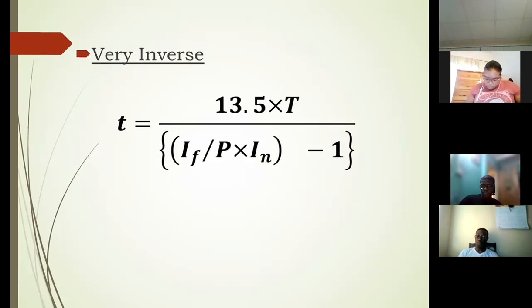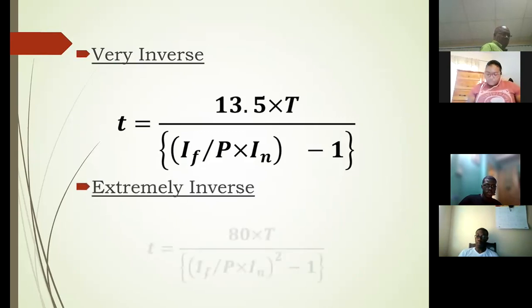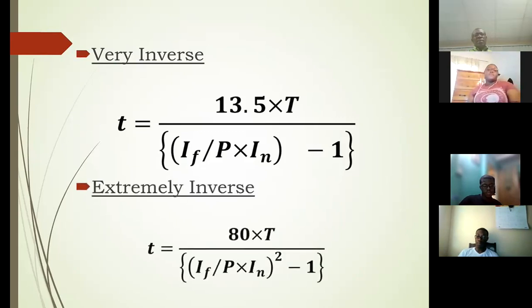And then for the extremely inverse, we have 80 T over (IF divided by PIN) squared minus 1. So for your static relays, this is how we define our curves. The characteristics that you get are derived from these equations.